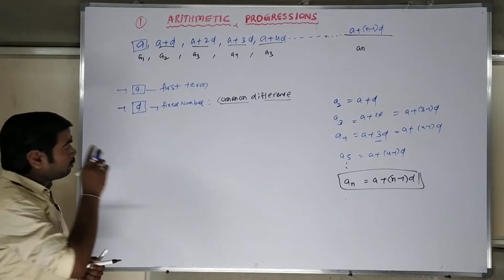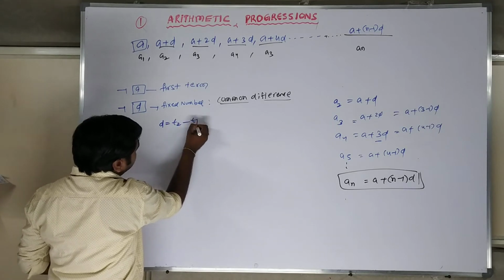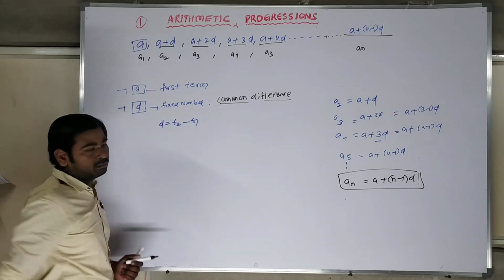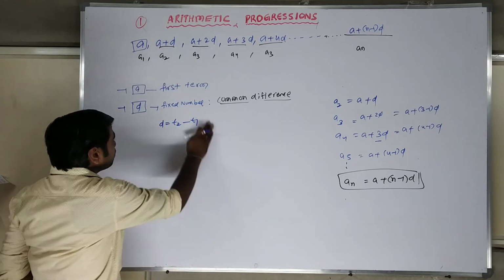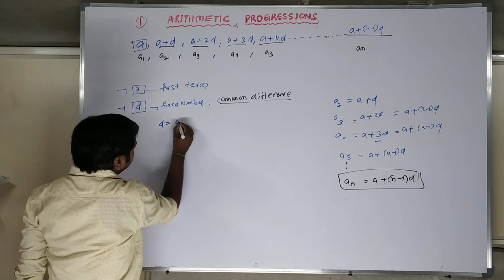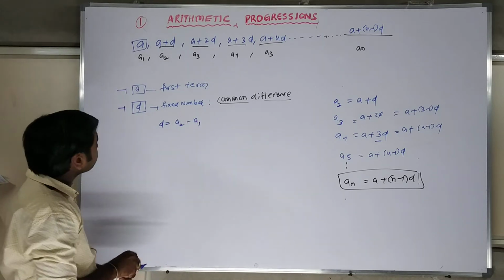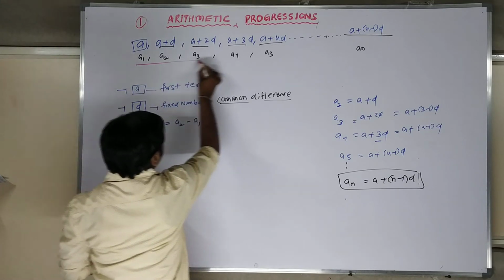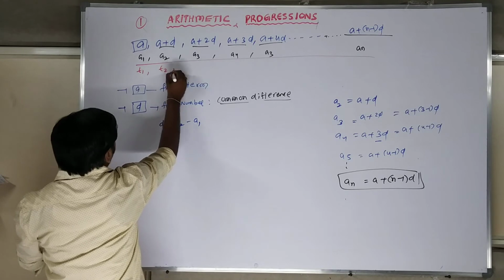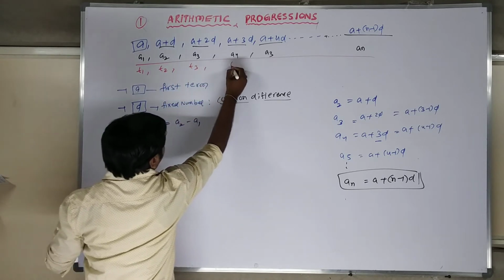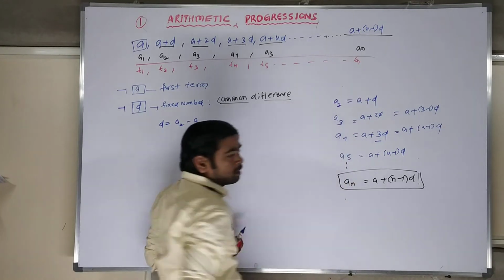How do we get the common difference? It is nothing but t2 minus t1: the previous number subtracted from the next, a2 minus a1, or a3 minus a2, or a4 minus a3. Some people write a1, a2, a3; some textbooks write t1, t2, t3, t4, t5 up to tn. That is also correct.